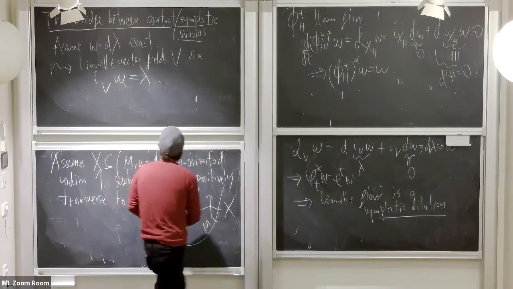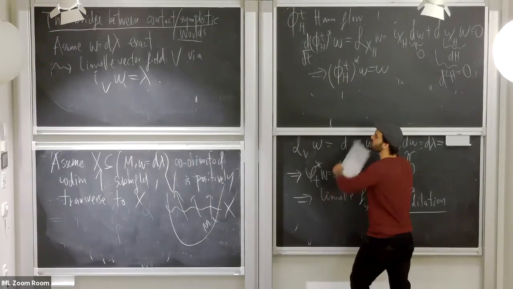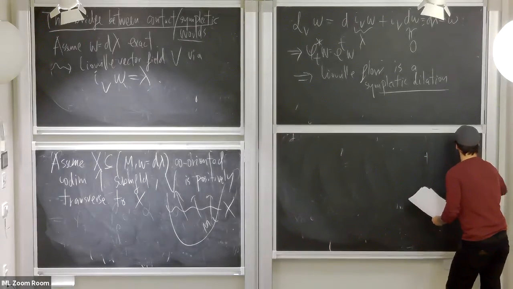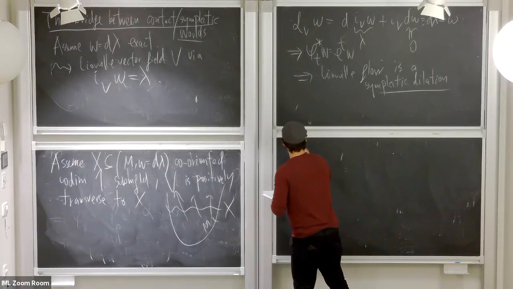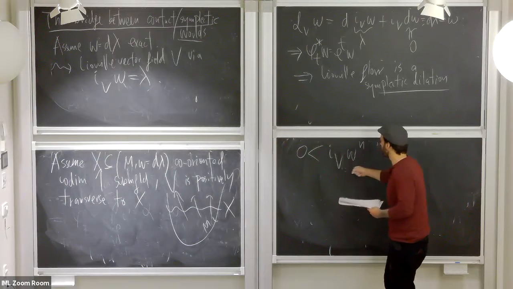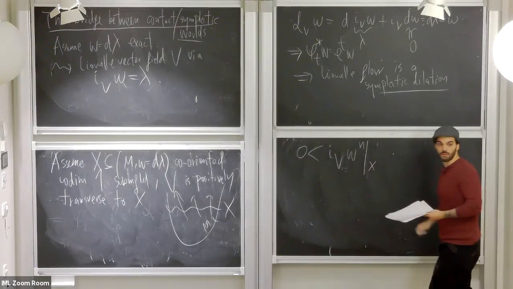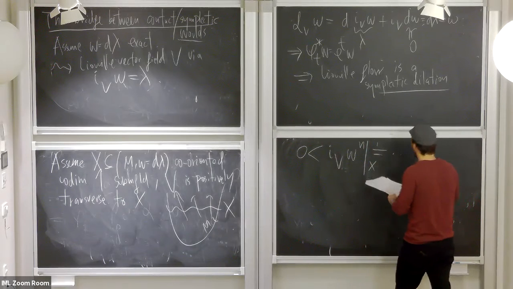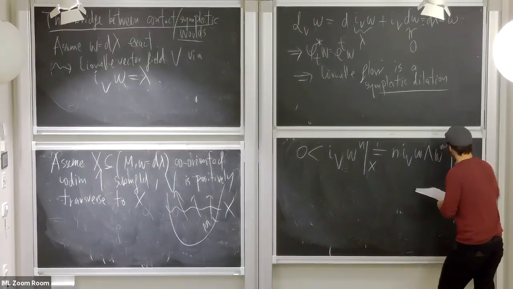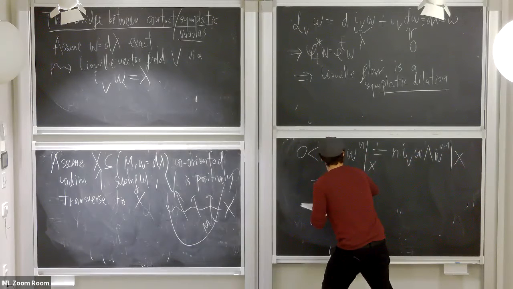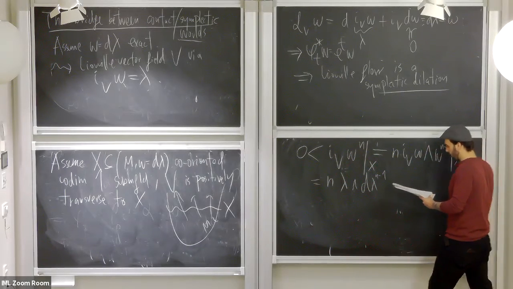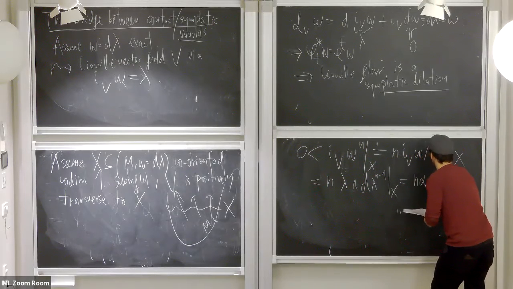So what happens in this situation? Well, I can actually obtain a contact form on X. On the one side, because V is positively transverse to X, the contraction of omega to the n, the contraction of the volume form with respect to V, is a volume form on X. But if I contract, this behaves like a derivative, so I've got n times the contraction of omega wedged omega to the n minus 1 restricted to X. And this is just n lambda wedge d lambda to the n minus 1, because omega is d lambda, and by definition of V. This is restricted to X, and this is just n alpha wedge d alpha to the n minus 1.